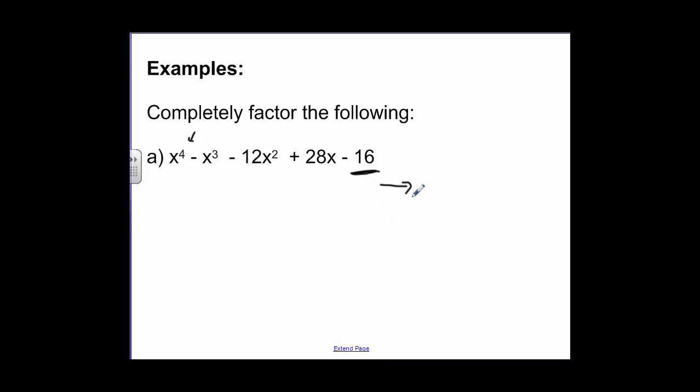If this thing is factorable, the only things that could factor into it are versions of 1, 2, 4, 8, or 16, because those are the only things that multiply to give 16. Chances are it's going to be like a 1, a couple of 2s, and a 4, whatever multiplies to give 16. But when we're done, I'm kind of expecting to have 4 of these factors here. We'll see.